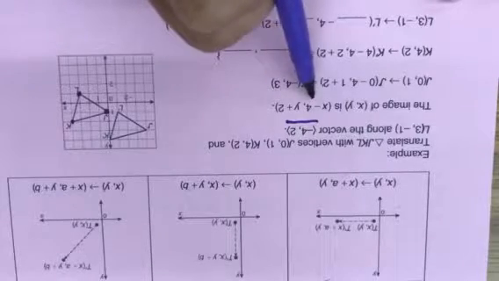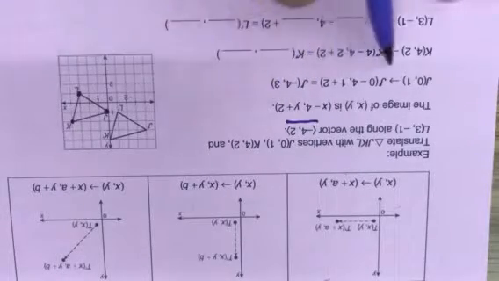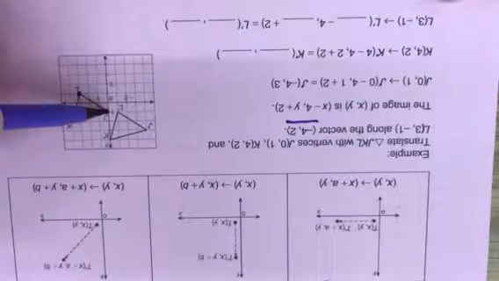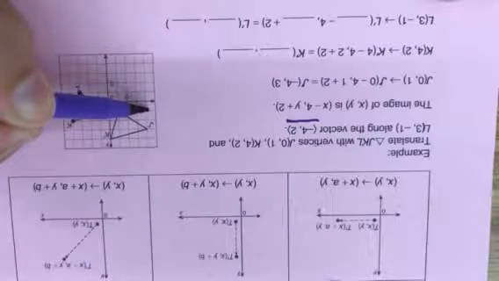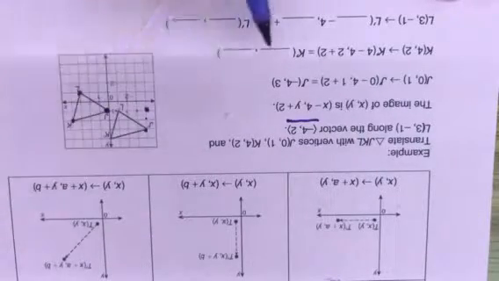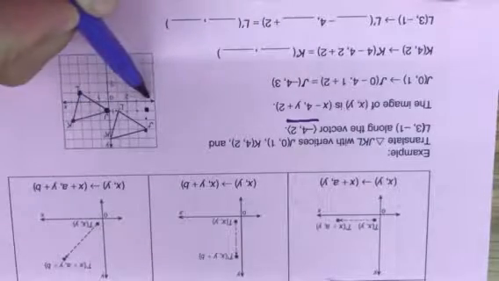So you're going to go left 4, up 2. You're going to take your original J at (0, 1). You're going to go left 4, 1, 2, 3, 4, and up 2. So that's where you get your J prime at (-4, 3).